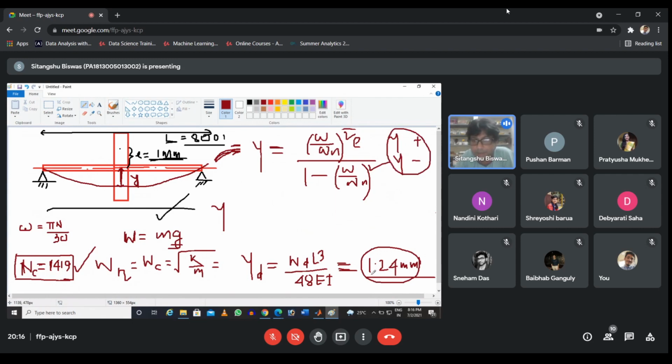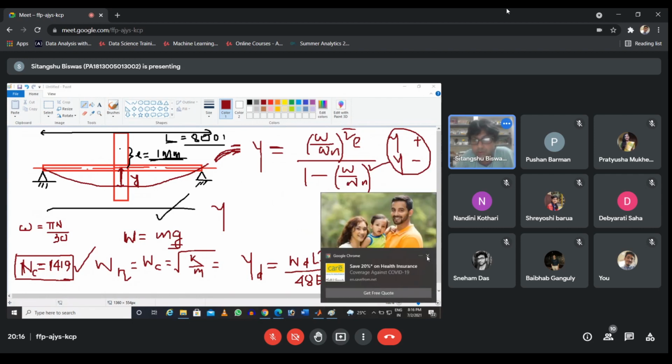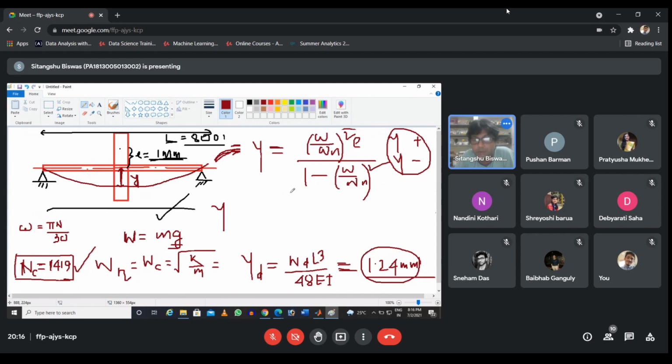So now first take that value of Y positive. We know omega n, that is already calculated. Here you can write n by nc, because omega and n are both proportional.